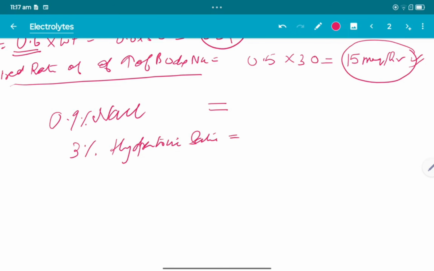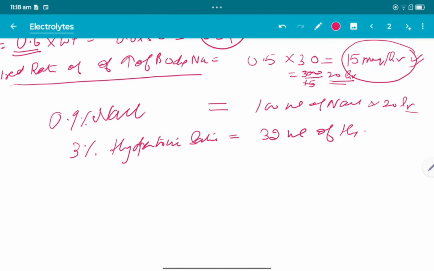So what will be the time taken to correct this sodium? 300 deficit divided by 15 is 20 hours. It will take approximately 20 hours. So you will give 100 ml of sodium chloride for 20 hours and 32 ml of hypertonic saline for 20 hours. Okay.